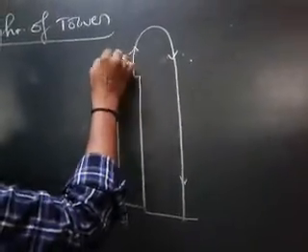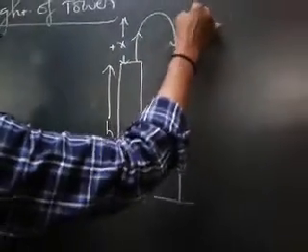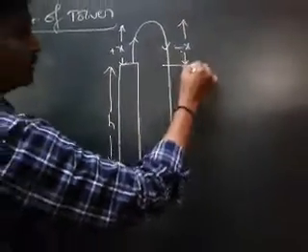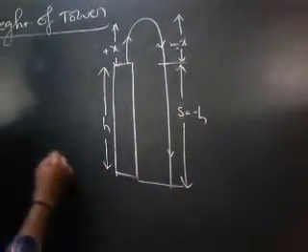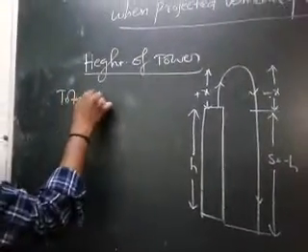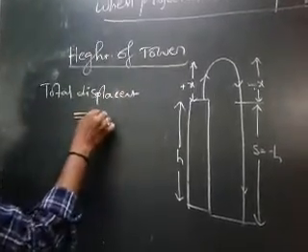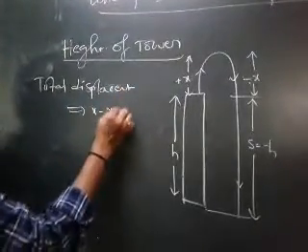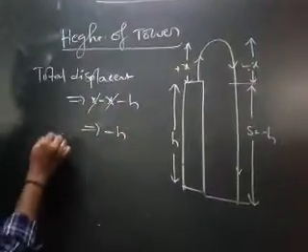This is plus x, this is minus x, and up to here it is minus h. Total displacement is x minus h minus x, that is equal to minus h.